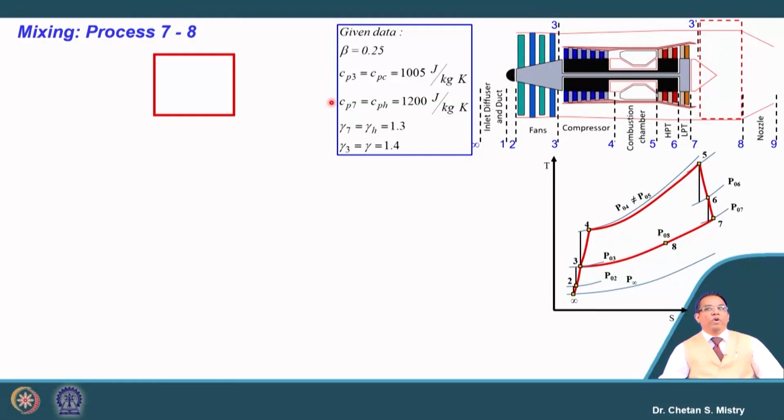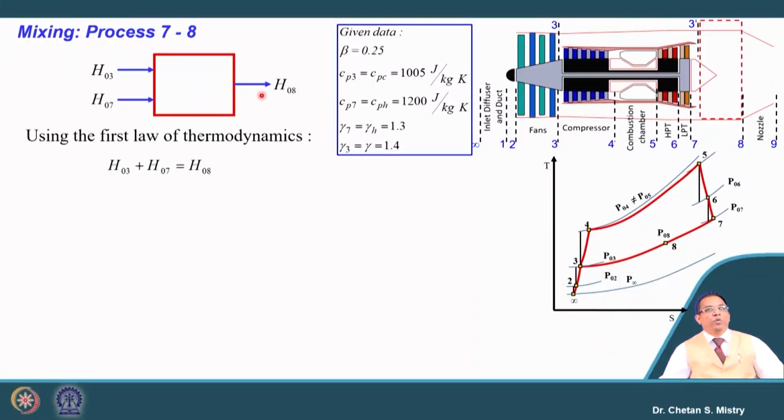So, now we have our mixing chamber, and for this mixing chamber, as we have discussed, we have two streams. One is H03, the second is H07. The first one is from the fan, and the second is coming from the turbine, and this will be my exit, H08.